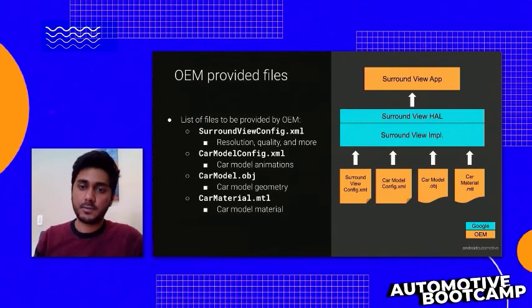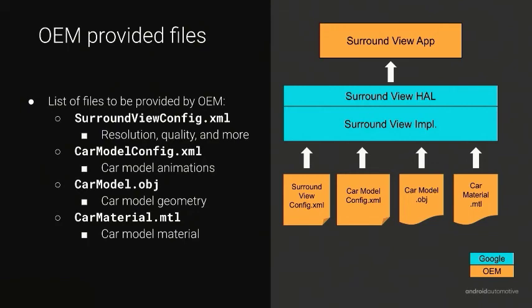So, since the surround view needs a lot of information from the OEMs, or things specific to the car or hardware, there are a list of things that are needed, and this slide will go through what those things are. So, the surround view implementation that Google has needs these four main files.